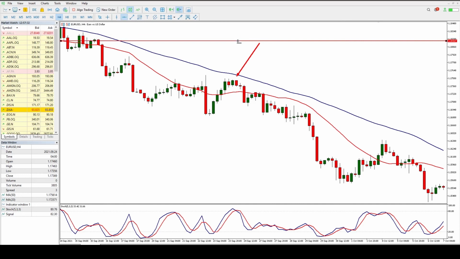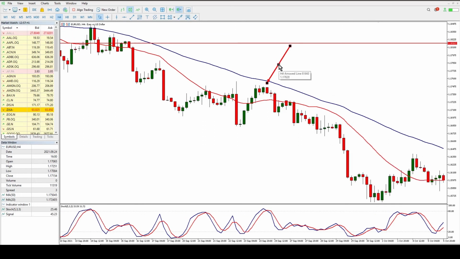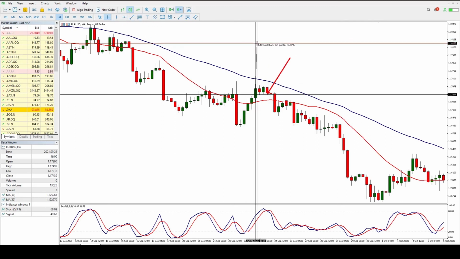It's possible, but it's unlikely. So that's the stop level, and the trade entry level is, say, somewhere here. That distance is roughly 83 pips.